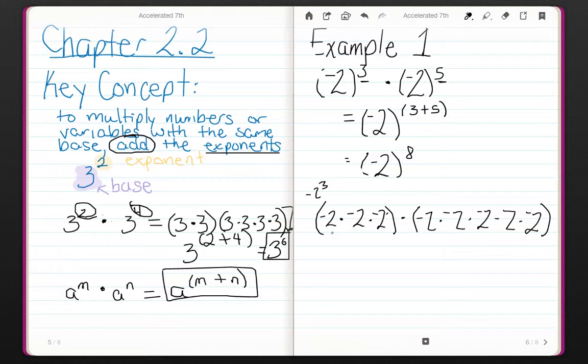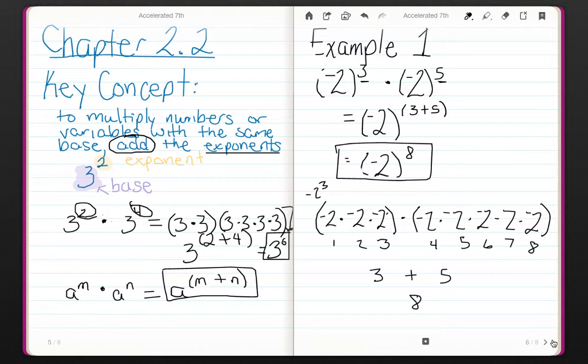Now if I count these, there are 1, 2, 3, 4, 5, 6, 7, 8 of them, which is where my 3 plus 5 comes from. So the answer to negative 2 to the 3rd times negative 2 to the 5th power is negative 2 to the 8th power.